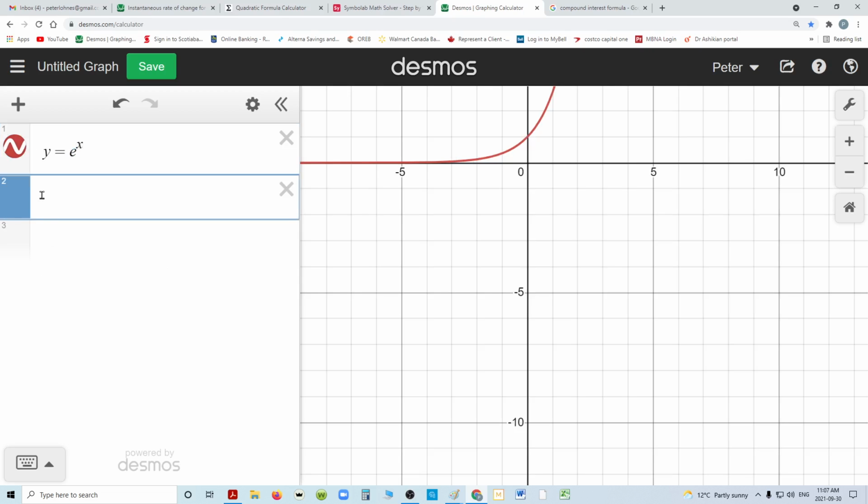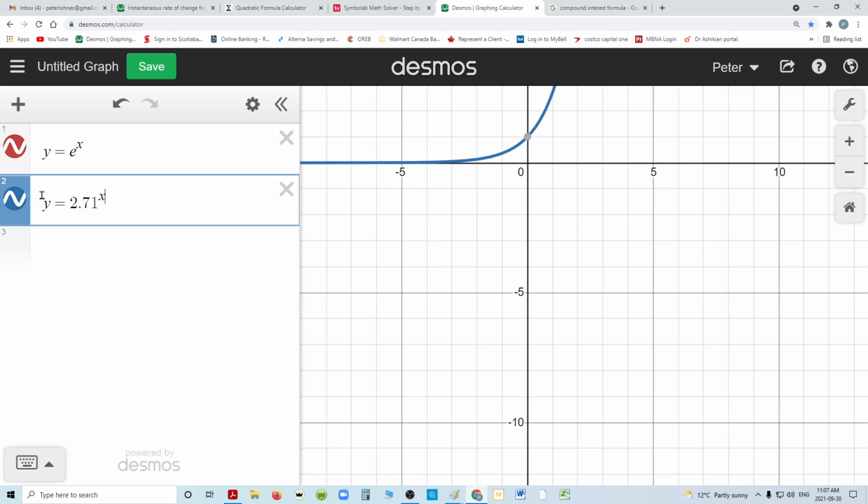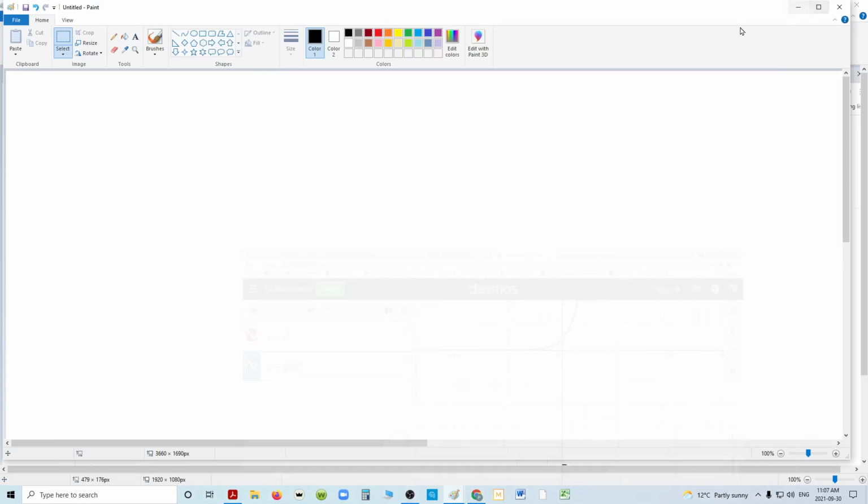It's really the same as 2.71... to the power of x, which we know will produce a growth curve. But this is a very magical growth curve. It's called the natural growth curve, and we'll get into it more later. Essentially, just think of E as a number. It'll make your life a lot easier.